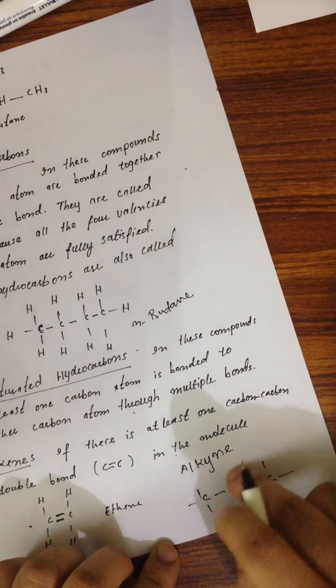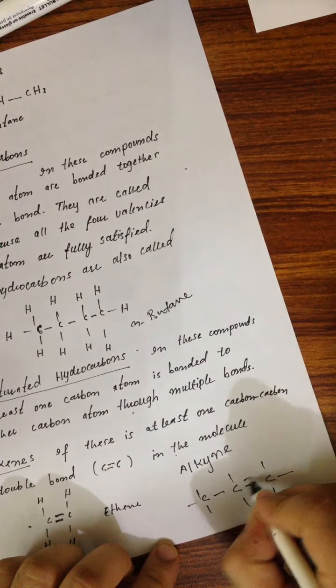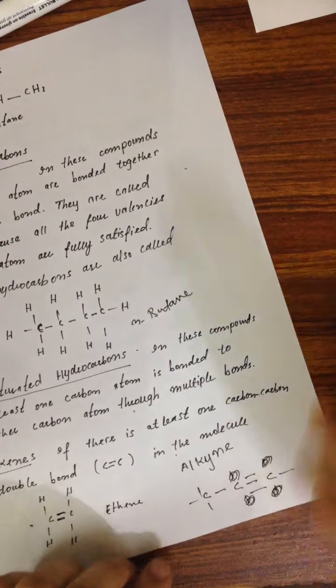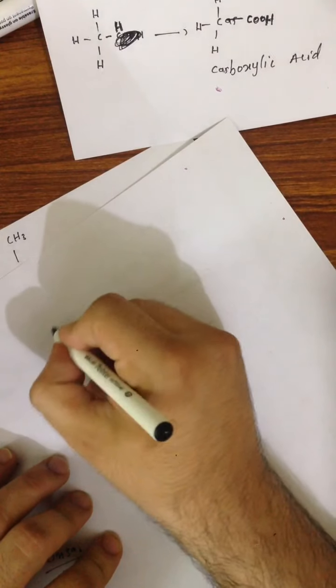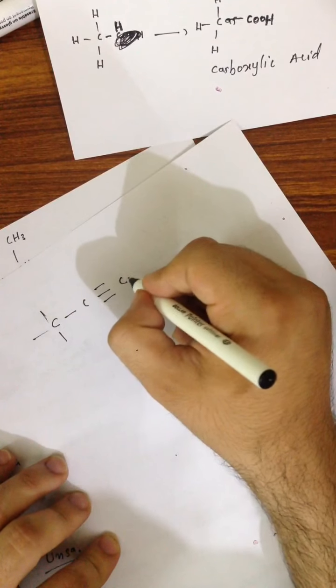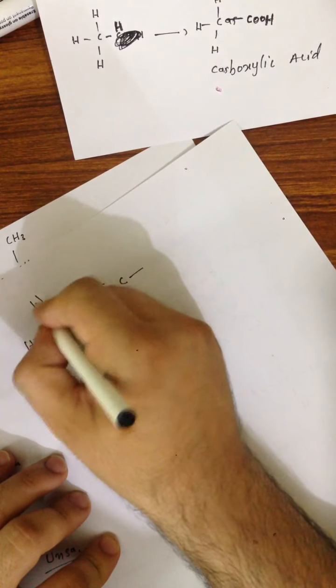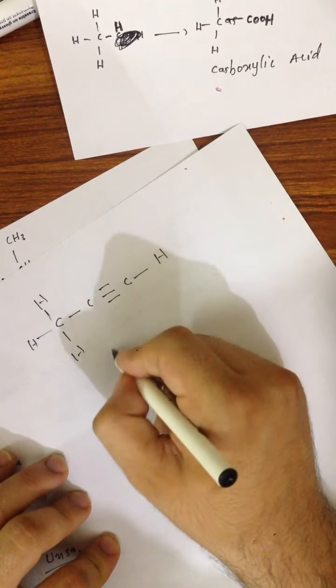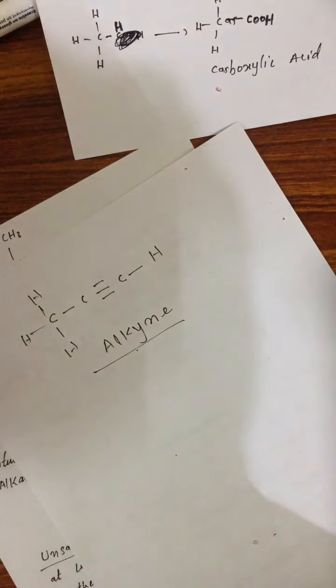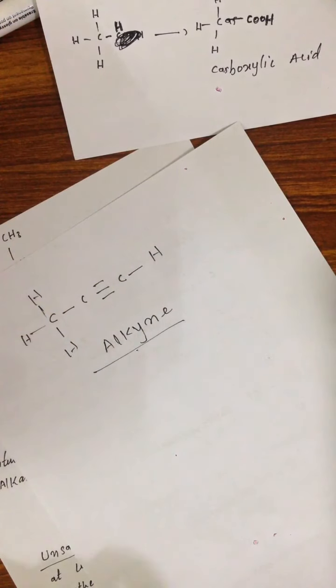So if we replace these single bonds with multiple bonds, we can have this. Or let me draw it here. It's going to look like this. This is an alkyne. We are going to study each of these classes in a lot more detail in the later chapters to come.